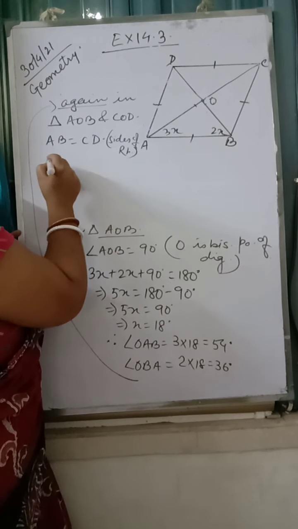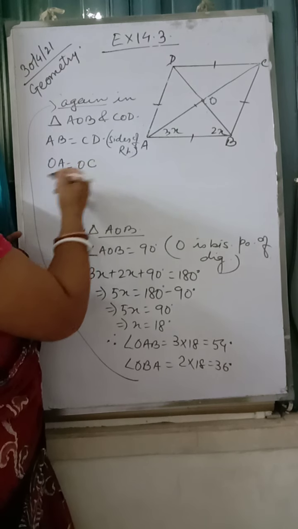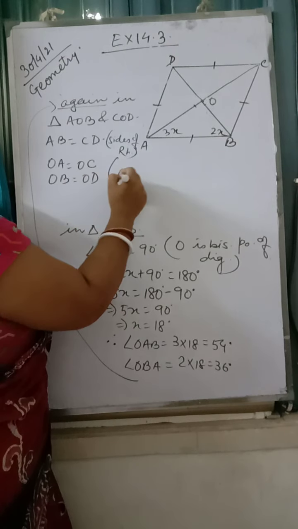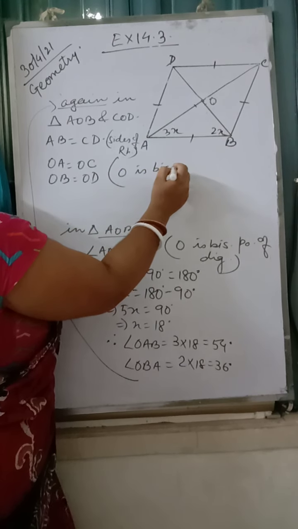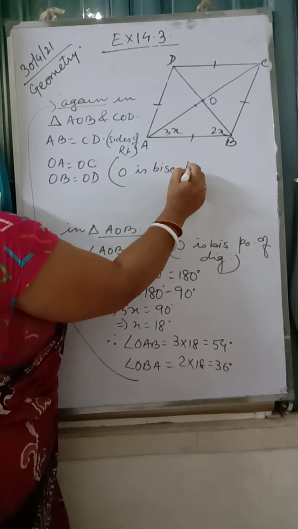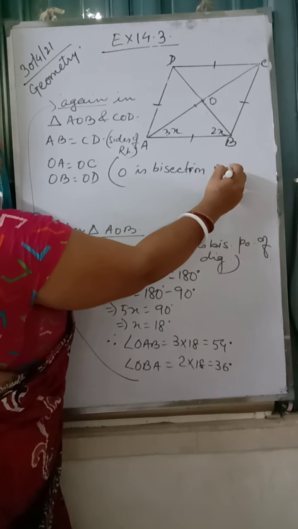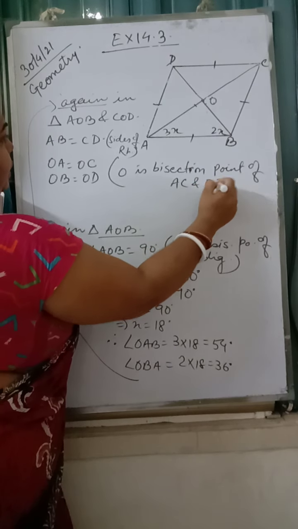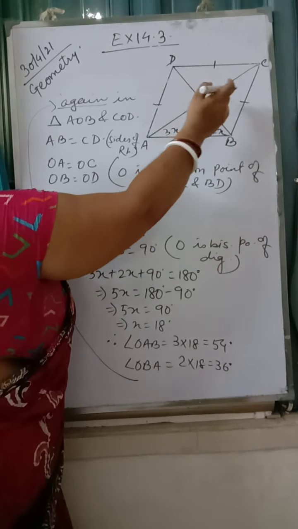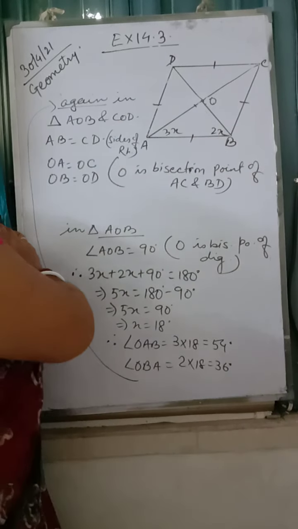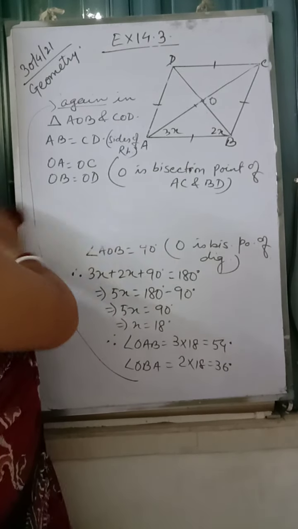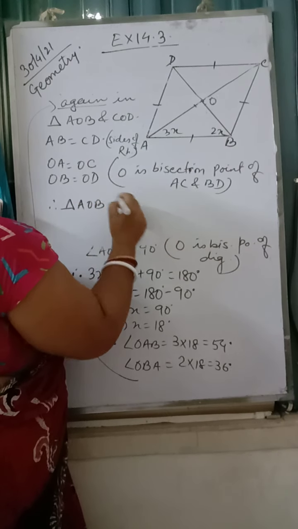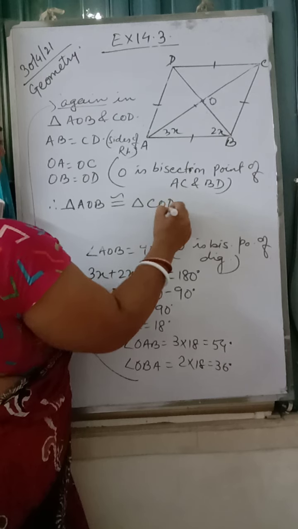OA is equal to OC and OB is equal to OD, as O is the bisection point of AC and BD. So therefore the triangles are congruent. So triangle AOB is congruent to triangle COD.